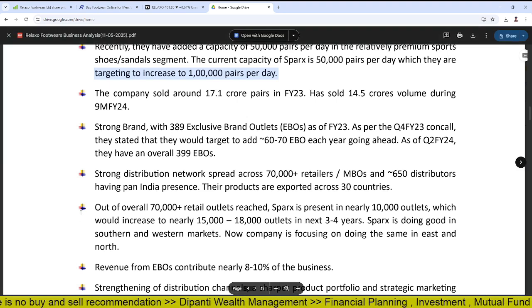Why? Because we will be discussing the global scenario based on per capita income, where we are right now, what the global requirement per head of shoes or pairs is, and what the Indian requirement is right now, the average number of shoes we are using.